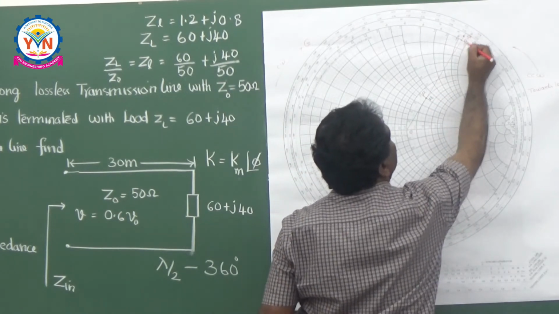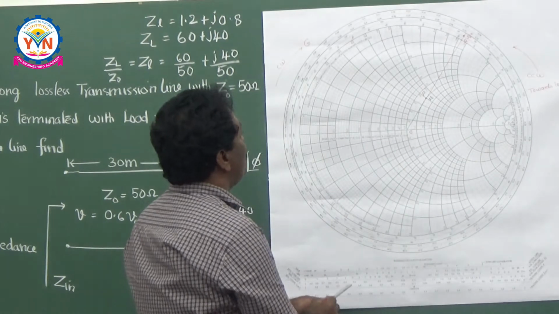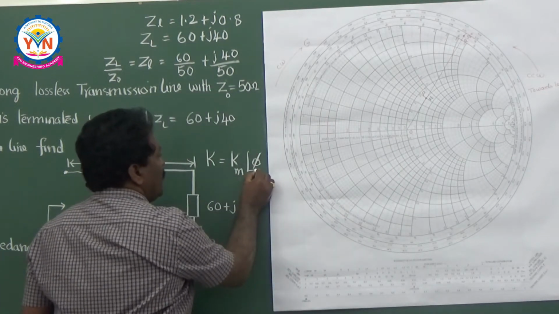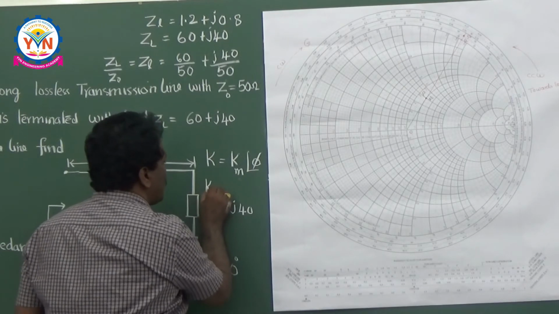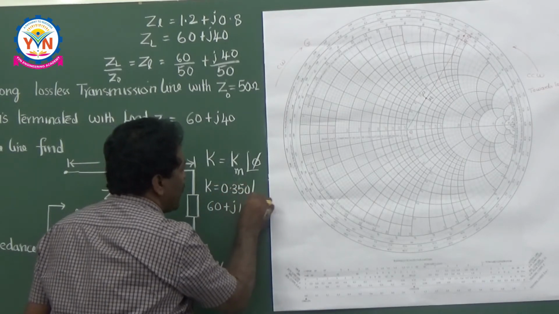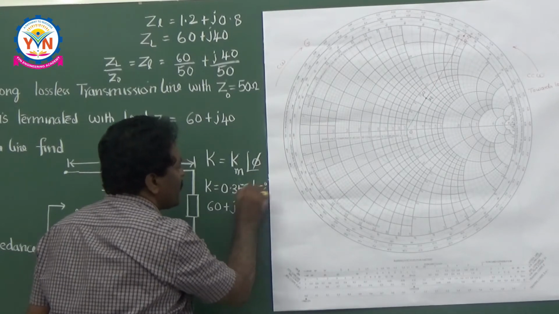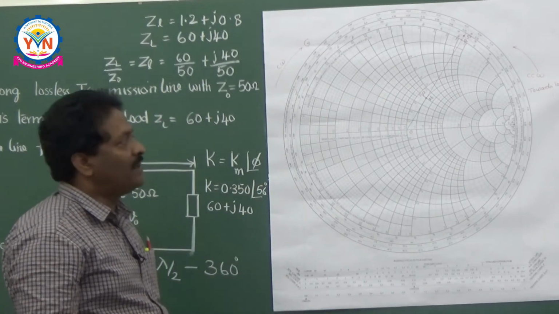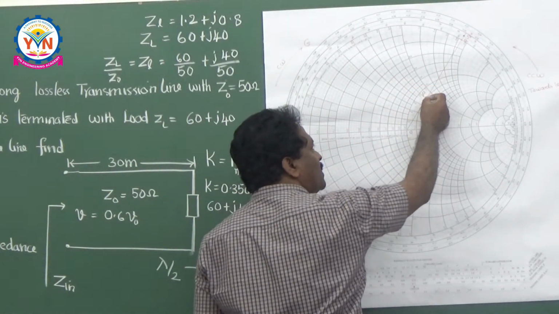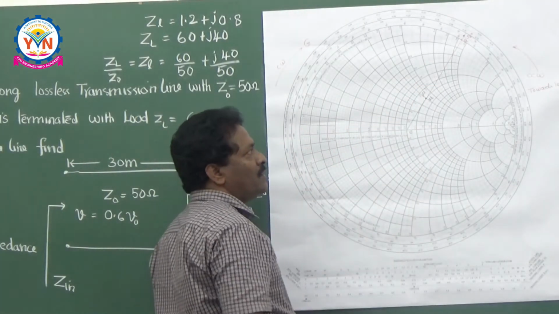So I can say that the reflection coefficient phase angle is 56 degrees. That's why K is equal to 0.350 at an angle of 56 degrees. You see how simple it is? Just putting the normalized impedance on the Smith chart is sufficient.